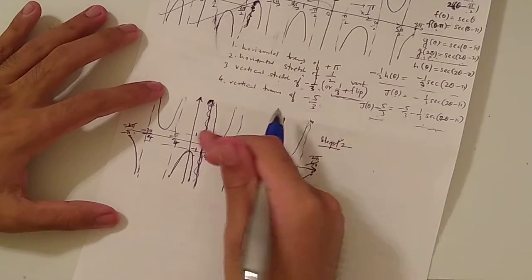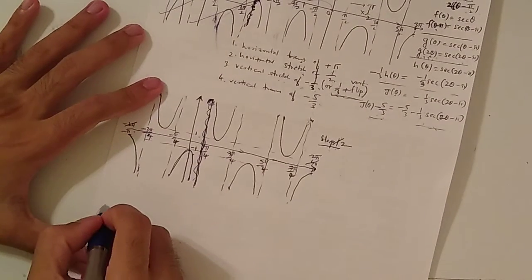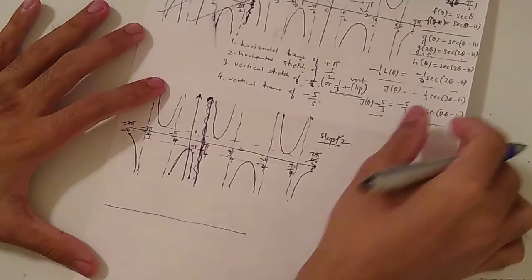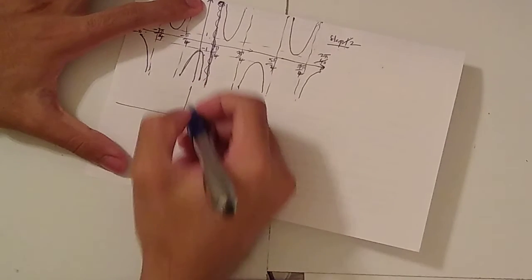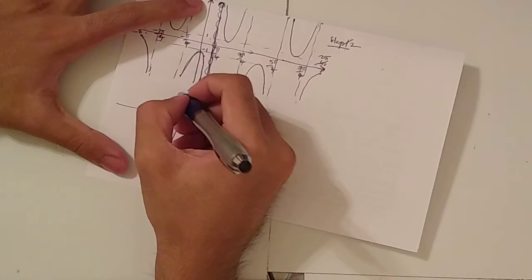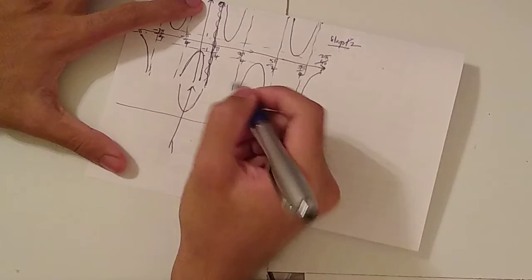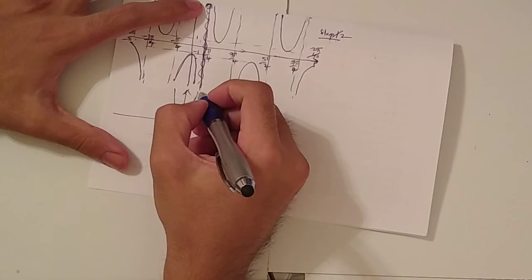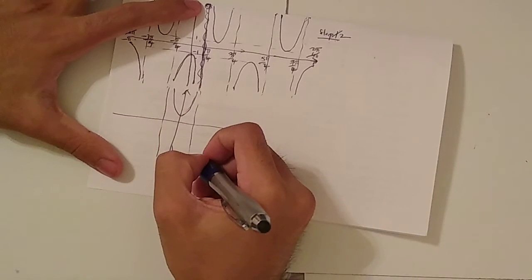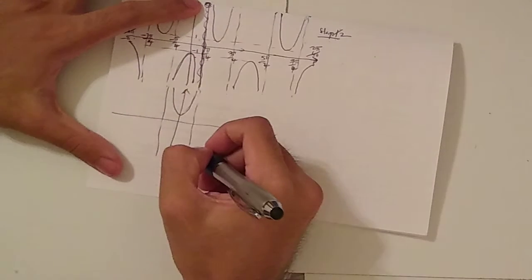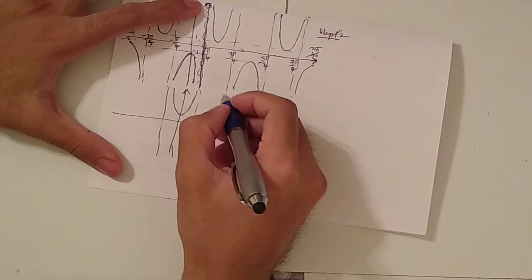Flip the graph and multiply by 1 by 3, so we get, flip the graph again, and then the rest is going to copy from there.